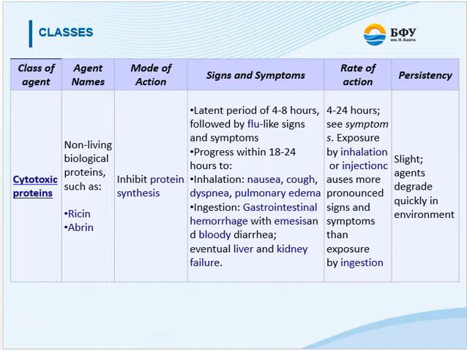Cytotoxic proteins. Agents are non-living biological proteins such as ricin and abrin. Mode of action: inhibition of protein synthesis. A latent period of 4 to 8 hours is followed by flu-like signs and symptoms, progressing within 18 to 24 hours. Inhalation causes nausea, cough, dyspnea, pulmonary edema.